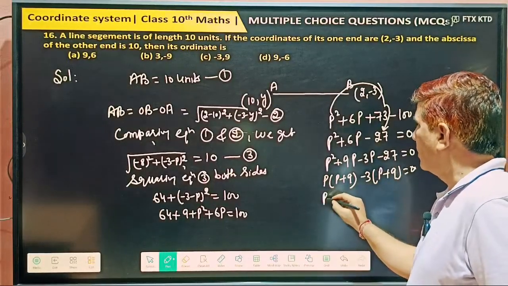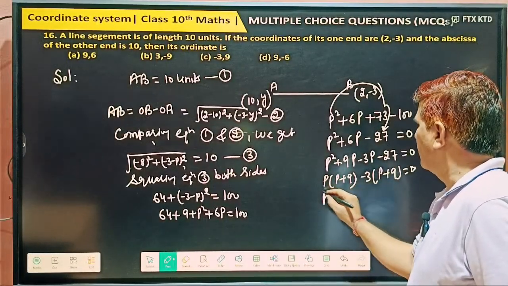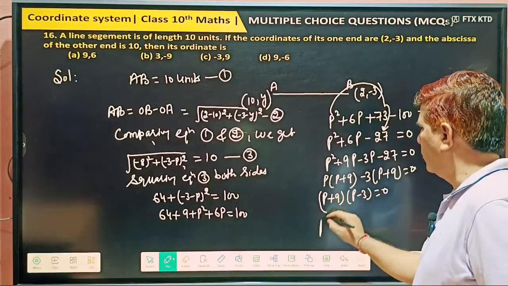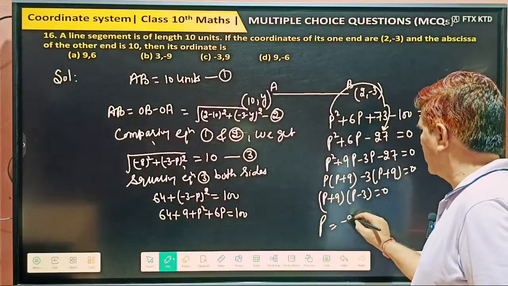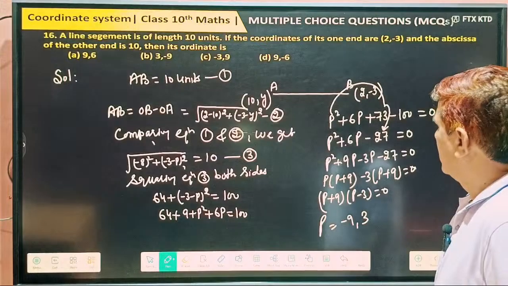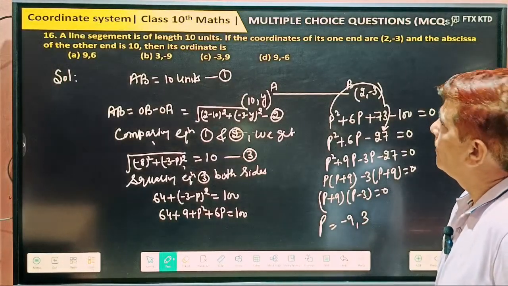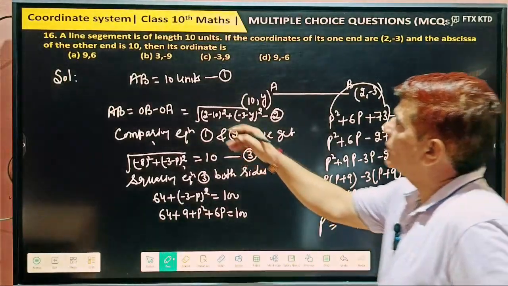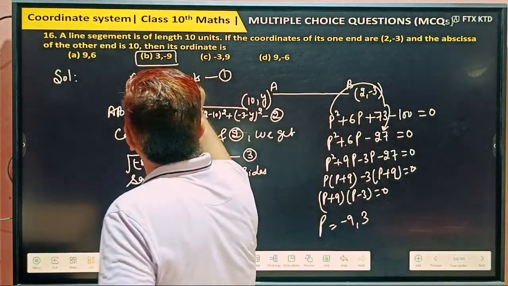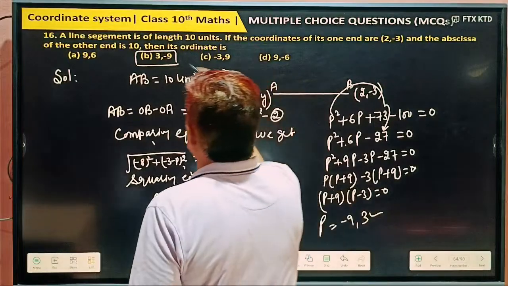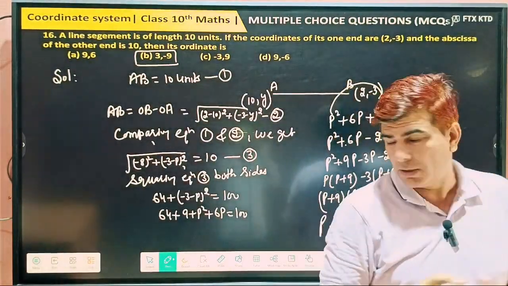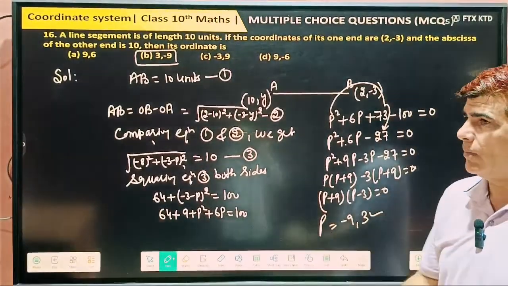So p plus 9 is common and p minus 3 equal to 0. So p equals minus 9 and 3. Check one time, this is b. The p values 3 and minus 9 are given. What may be the order? First is 3, then minus 9.